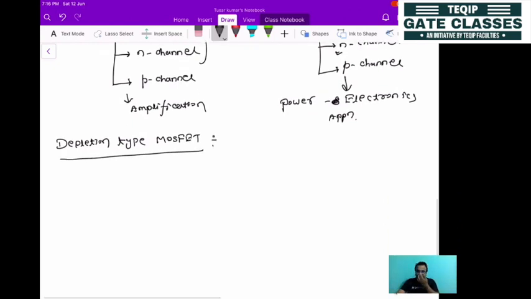So in the depletion type MOSFET, what are we doing? We are taking one bulk P-type substrate.